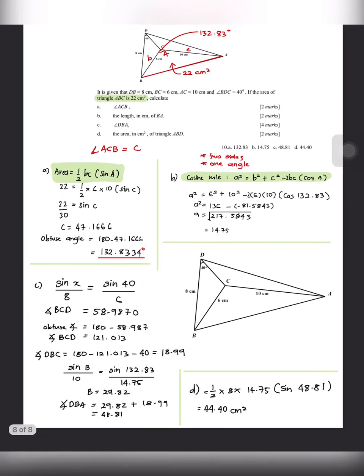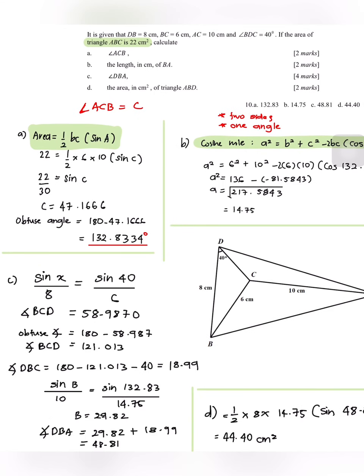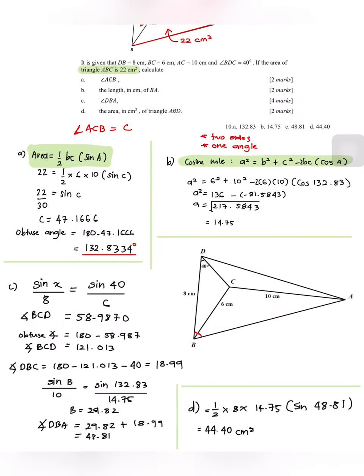Moving on to the next question, they want us to find the angle DBA, which is this angle. We can find this using two separate triangles, this one and this one. I will rewrite the answer for the previous part, 132.83.